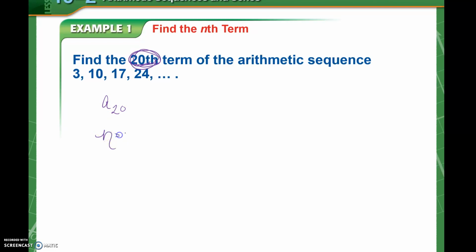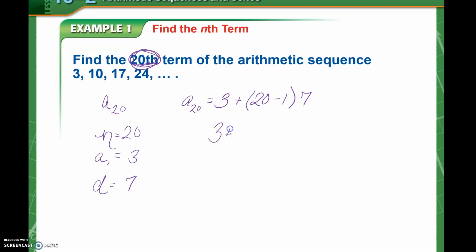So my N is 20. My A1, my first term, is 3. And my common difference is 7. So I can put that in the equation. I'm looking for A20, the 20th term. A1 is 3 plus N minus 1, my N is 20, that's my term number I'm looking for, times my common difference.